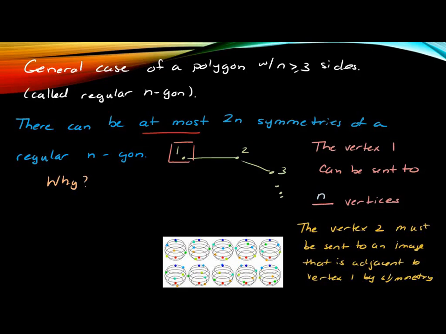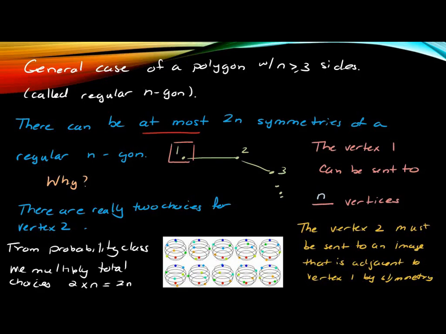So the vertex 2, if I want it to get sent somewhere, it's sent to an image that's adjacent to the image of vertex 1, right? It's always got to be next to the image of vertex 1. So there's really only 2 choices for vertex 2. From probability class, you already know what to do when you count all the first choices and then you count all the second choices. How do you get all the choices? Remember multiplication? You multiply them together. So that gives you 2n at most choices.